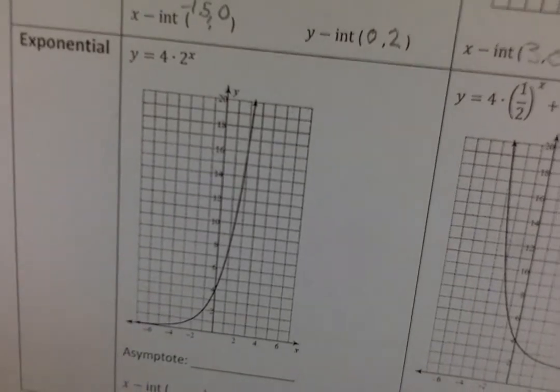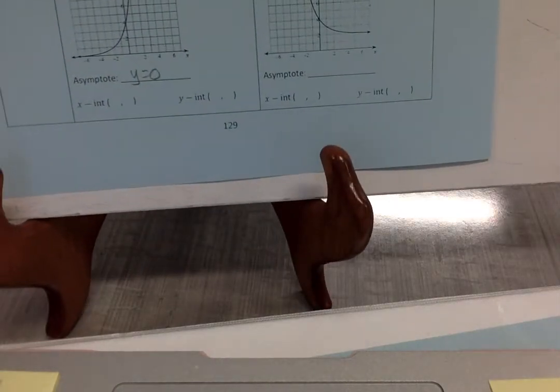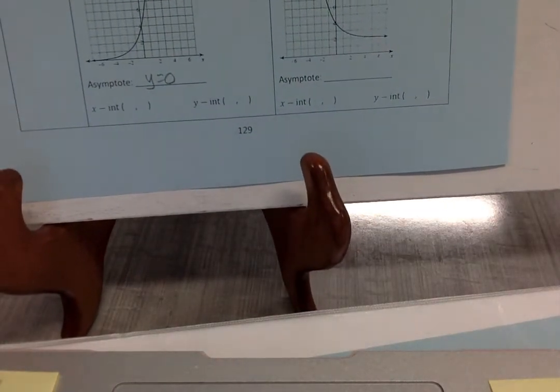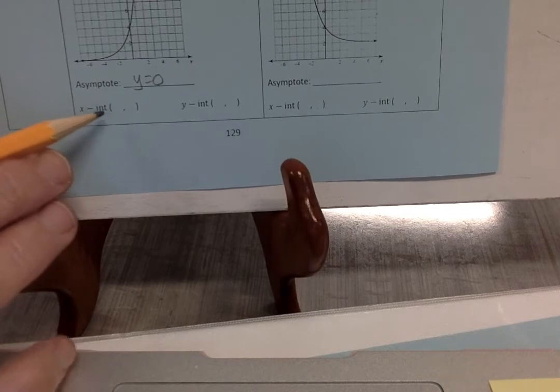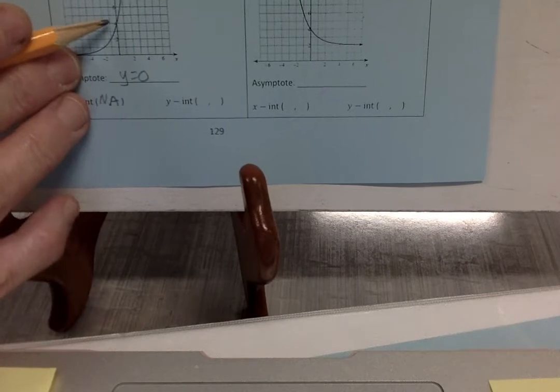So the asymptote is at y equals 0. Then the x-intercept, it doesn't exist, so I put NA, not applicable. And then we put where it crosses the y-axis right here, that's at 0, 4.